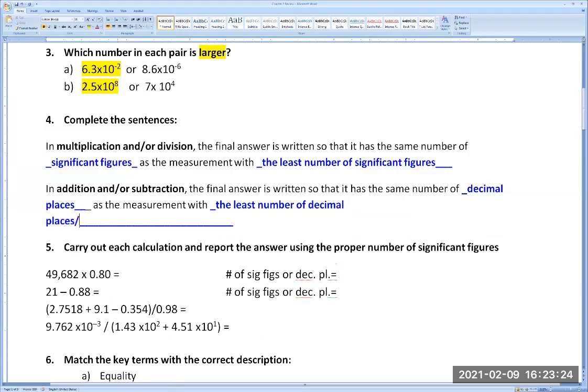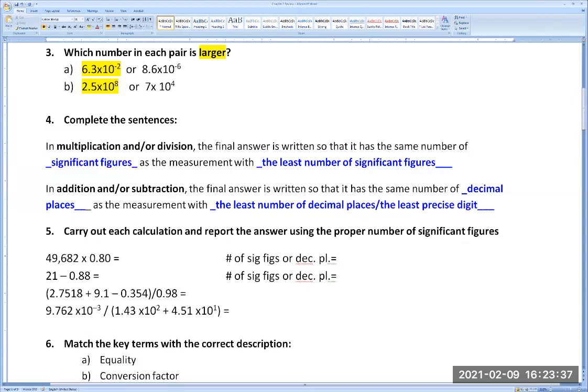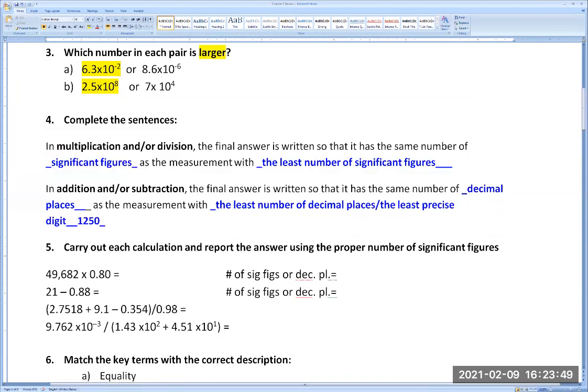Sometimes there are no decimal places, and in this case you have to pay attention to the least precise digit in your number. So that's not always decimal places. Sometimes it's the least precise digit, which means, for example, if you have 1,250, the least precise digit would be the 5 here, right?